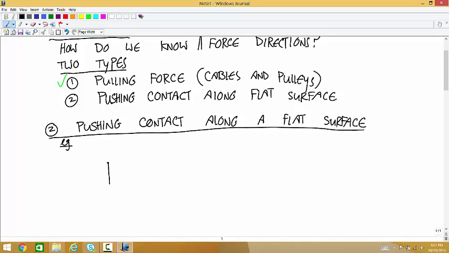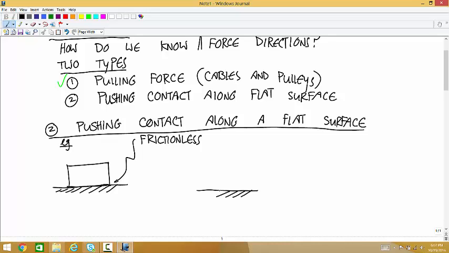So some problems that have this kind of contact force are if you have a box sitting on the floor or sliding along the floor and we don't have any friction, or if you have a cart with wheels on the floor, or let's say two carts that are touching each other like that.